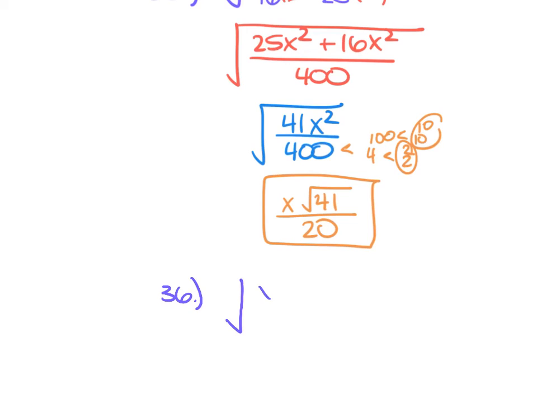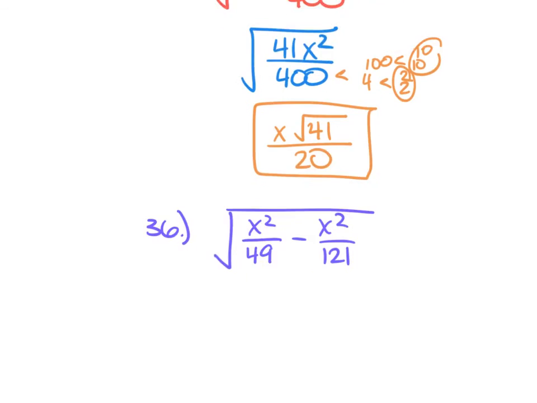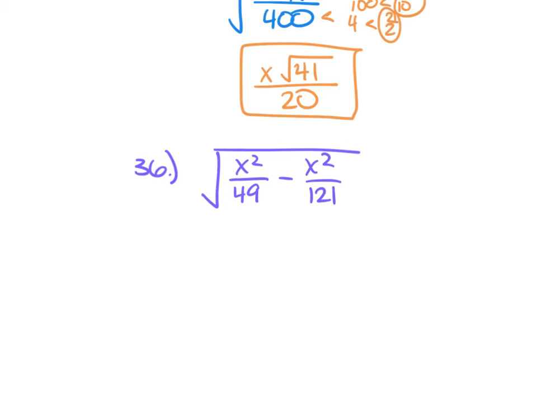For 36, we have the square root of x squared over 49 minus x squared over 121. So again, we could do the same thing and multiply top and bottom by the other's denominator if you wanted to. Your 121 is 11 and 11. The 49 is 7 and 7.